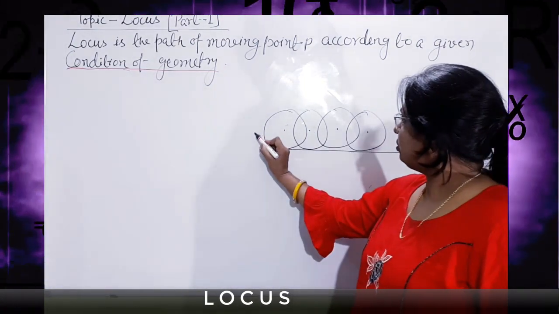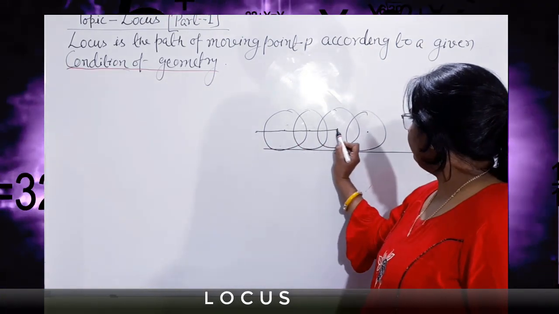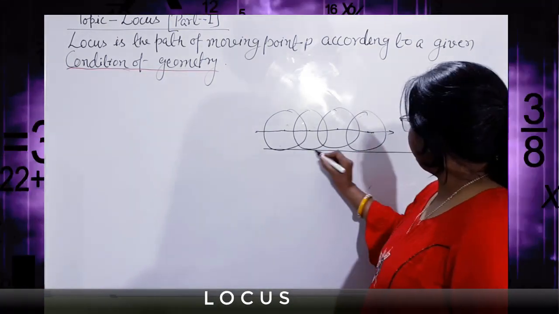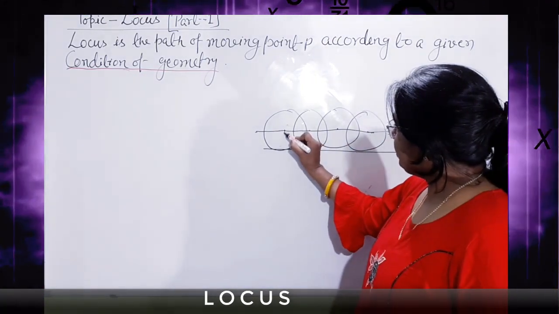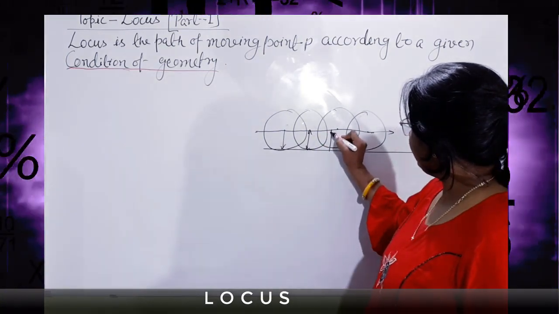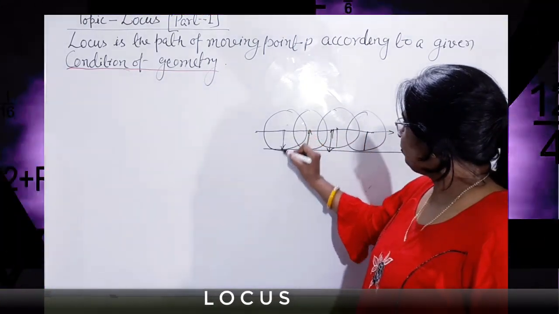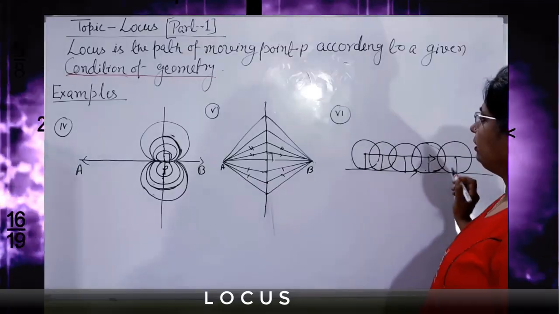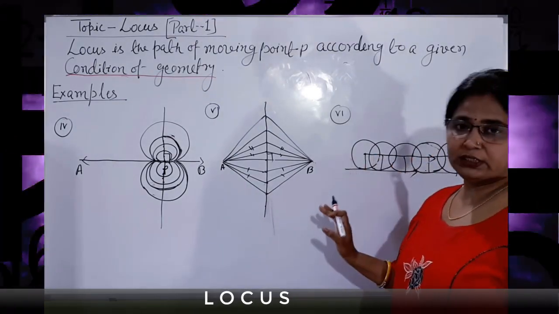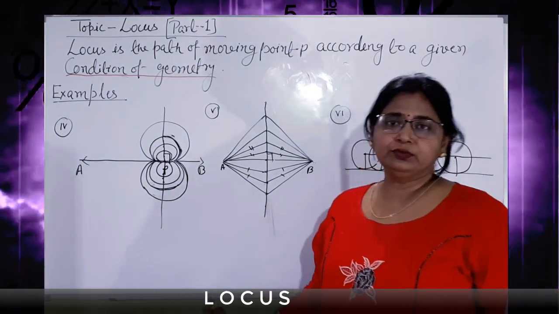Then the locus of all the centers of the wheel is parallel to the road, because each and every point of the locus is at equal distance, because the radius is always perpendicular to the tangent. In this way I explained 6 examples for locus. I hope you understood the concept of locus better.